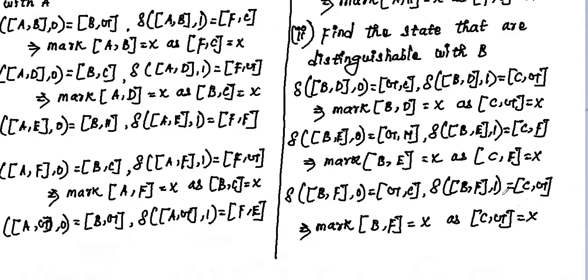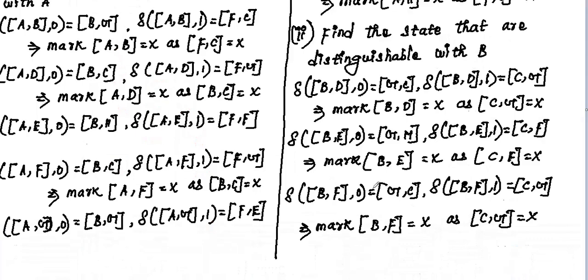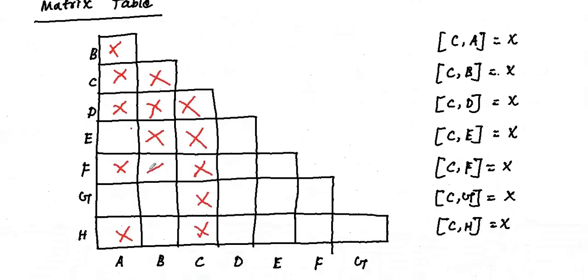In these two answers, GC and CG are both the same. We already put a cross mark in the first step. So mark BF cross mark because CG is cross mark. Go to the matrix table, put a cross mark at BF.